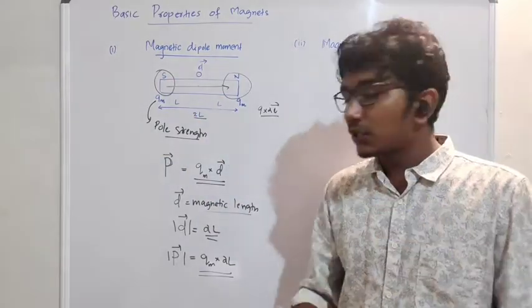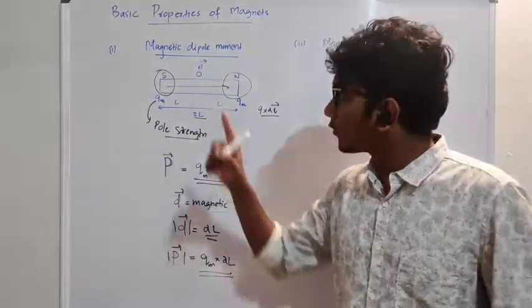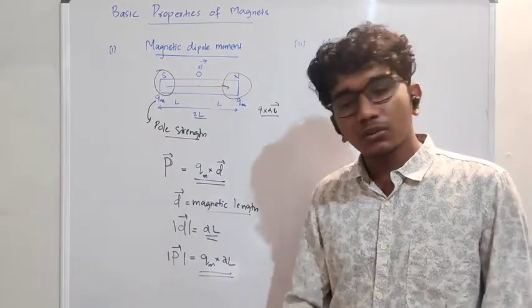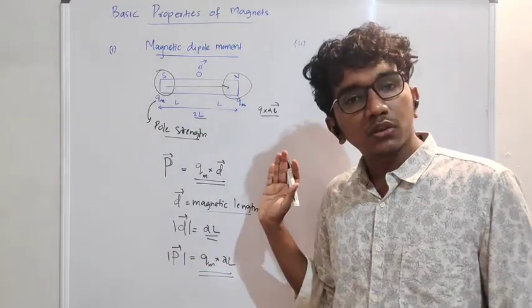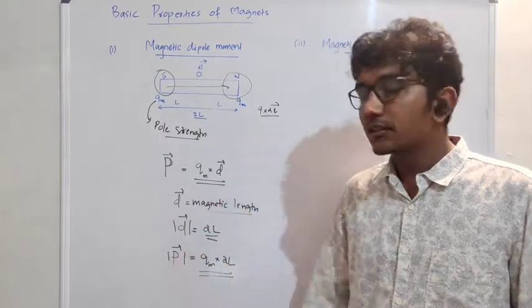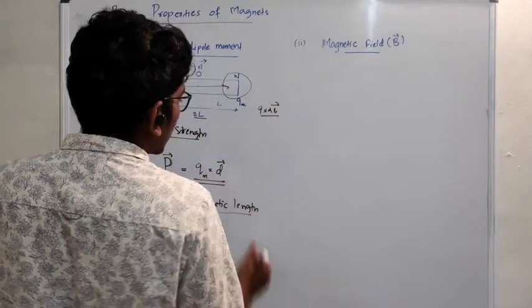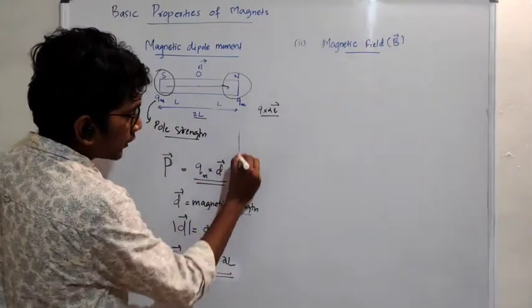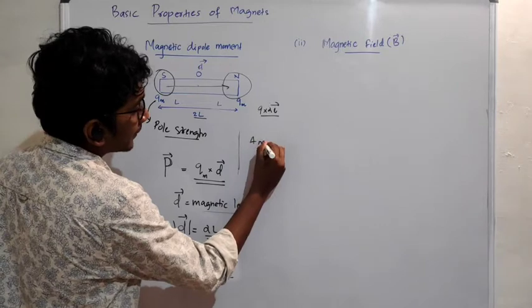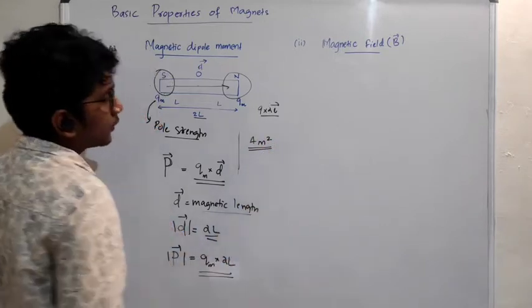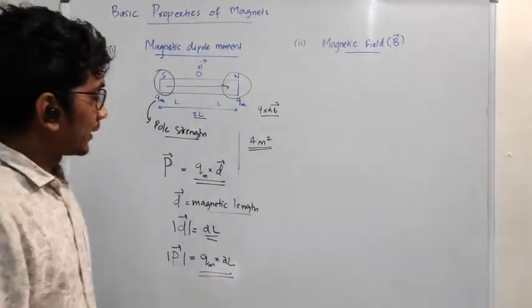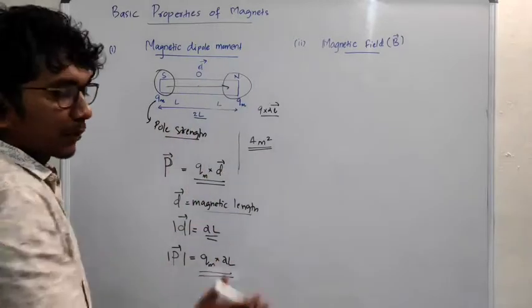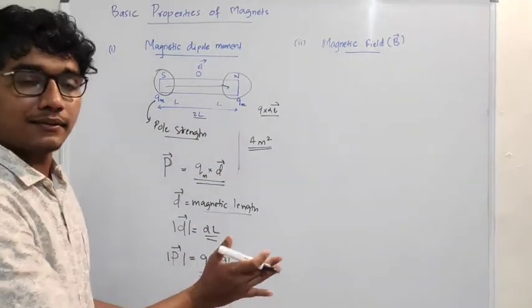My question is, what is the direction of magnetic moment? It is also from south to north. I think you have got it, right? Now, what is the unit of magnetic moment? Ampere meter square. So this is all about magnetic dipole moment.